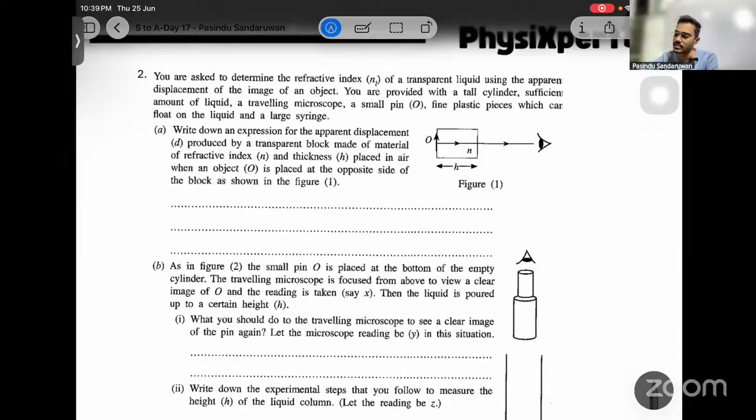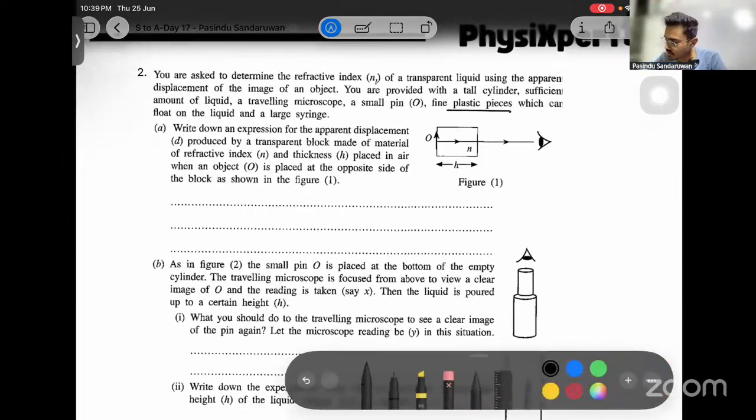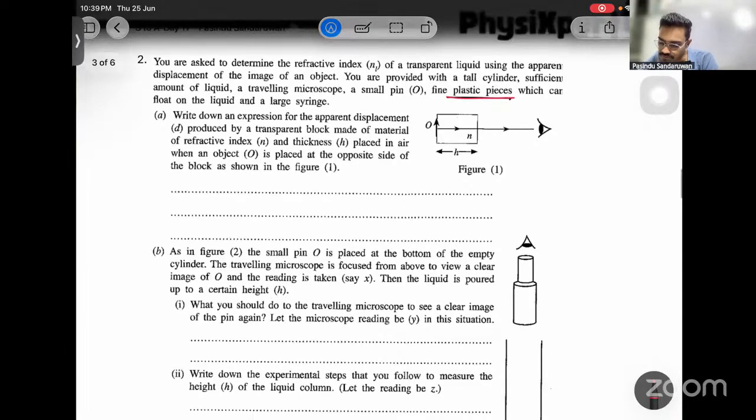Fine plastic pieces are given. That's kind of important because the other things are the usual general things we have in our general experiment. Instead of them, plastic pieces are given which can float on the liquid, and a large syringe.